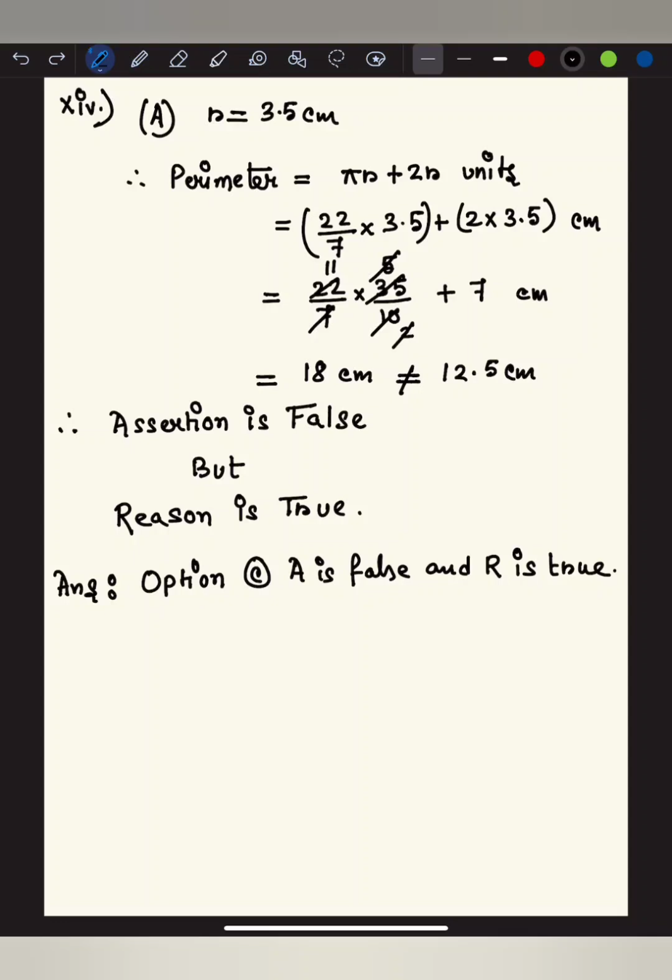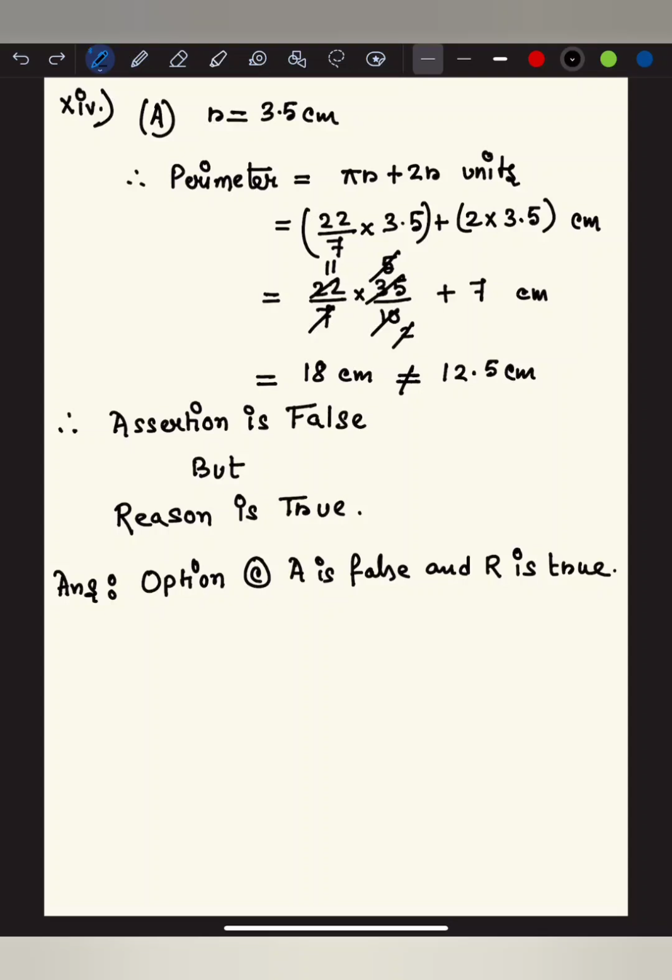And next, the reason is given as the perimeter of a semicircle of radius r is pi r plus 2r. So the reason is correct, because the formula is correct. So what we can deduce is that the assertion is false, but the reason is true. So our answer will be option C, that is A is false and R is true.